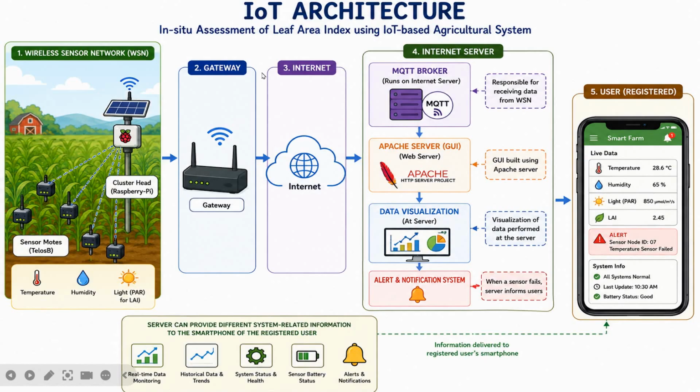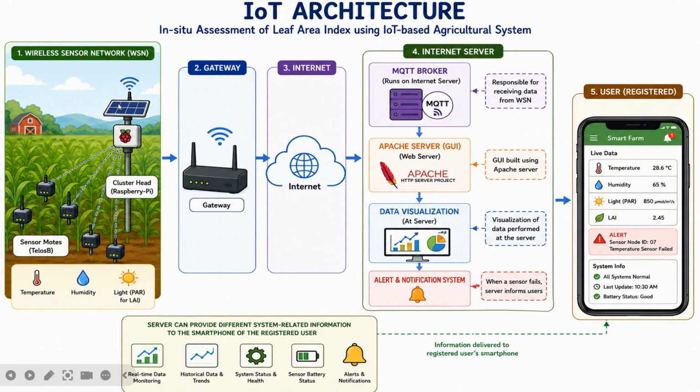Here in this image you can see the IoT architecture of this LAI assessment system, which is used for smart agriculture. This architecture enables the data collection, communication, processing, visualization and user notification through an internet-based platform.